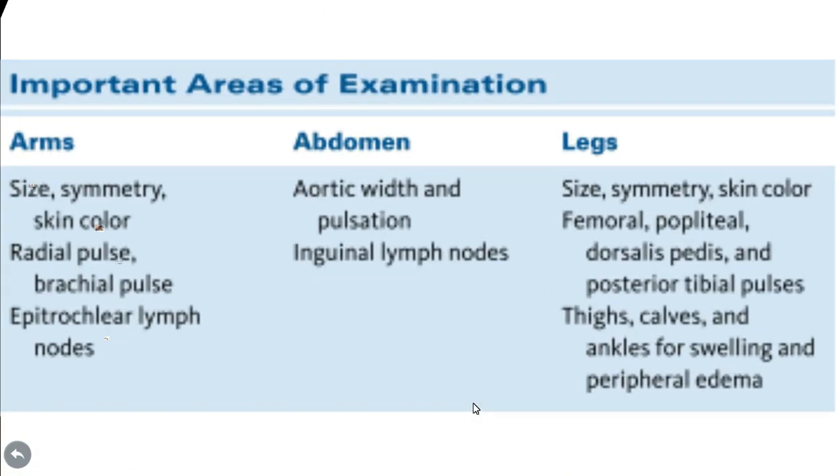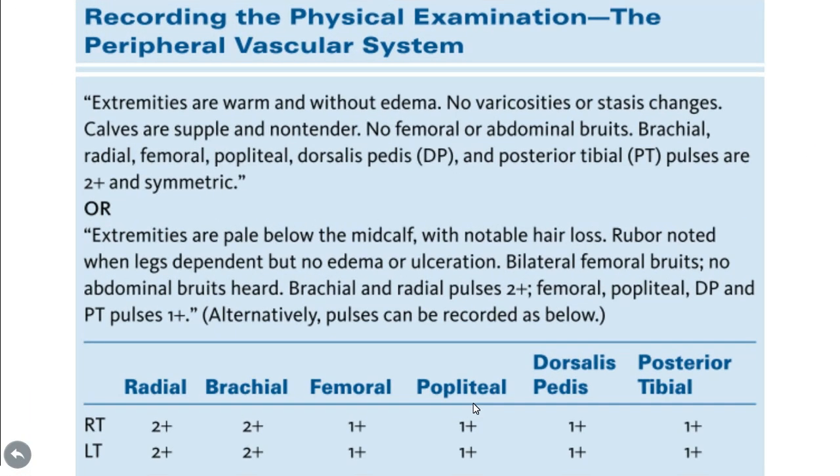Hopefully at the end you are able to identify normal findings: extremities are warm and without edema, no varicosities or stasis changes, calves supple and non-tender, all pulses 2+ and symmetric. Extremities pale below the mid-calf with notable hair loss is already suggestive of peripheral arterial disease, as is rubor when legs are dependent, but no edema or ulceration.